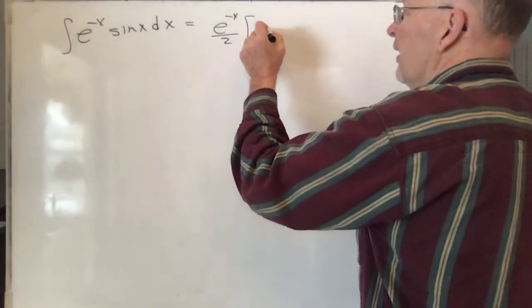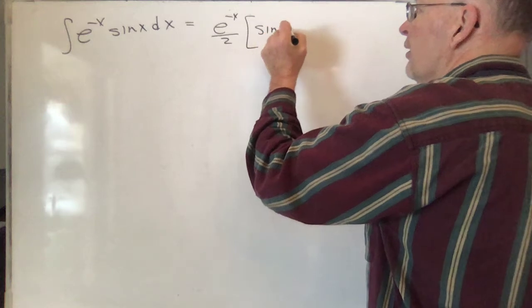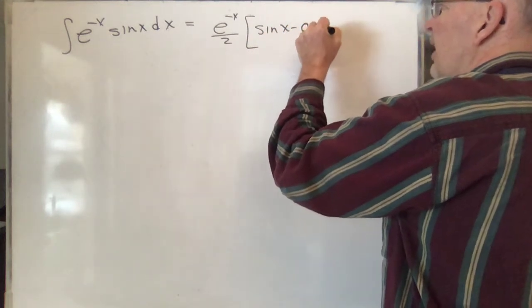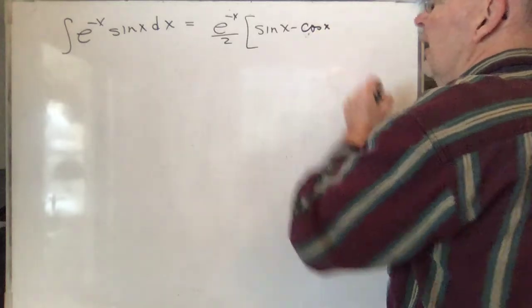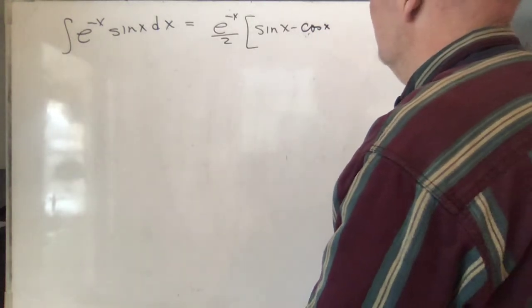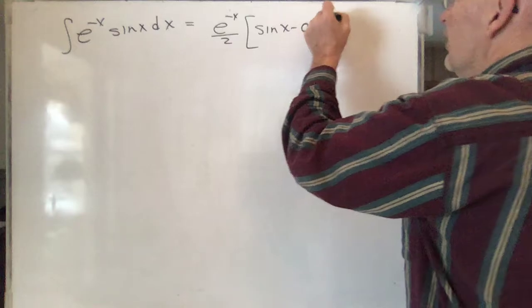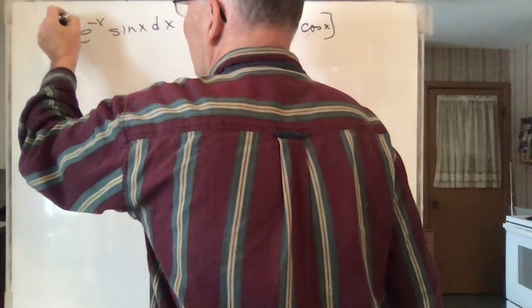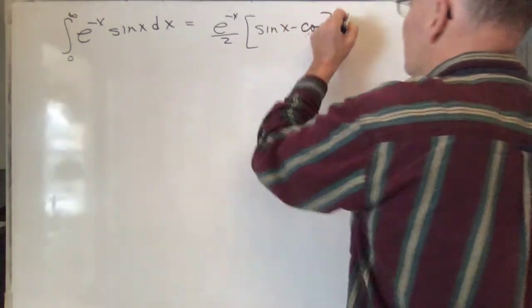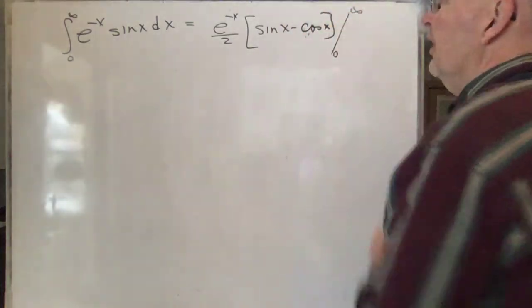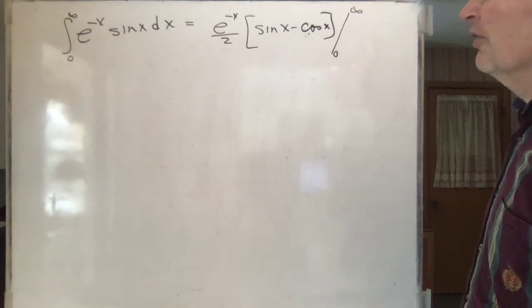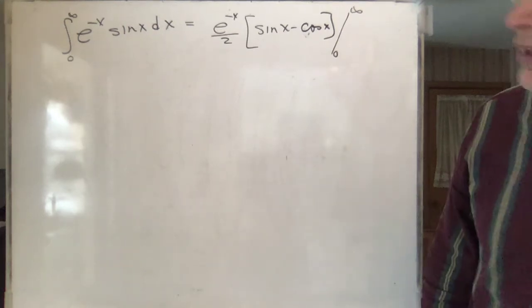And don't quote me on this, but it was a sine of x in here minus cosine of x, or else it was cosine minus sine, something like that. I can't remember which one it is right off the bat. The point is, I'll let you go back and check it out. The point is, if you evaluate this thing from 0 to infinity, you're going to get the result. So I'll leave that as an exercise for you.